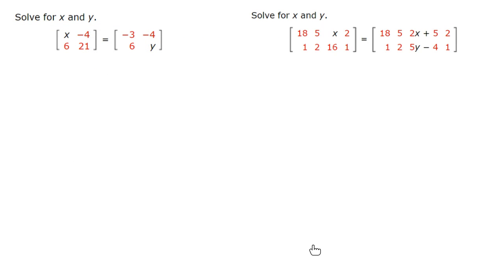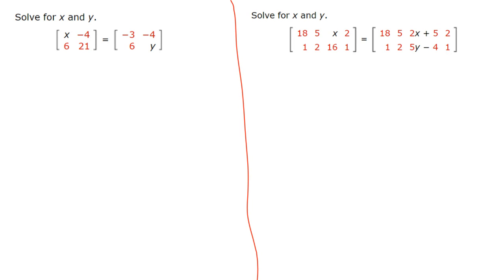Okay, so another question, these are exactly from WebAssign, is solve for X and Y. The only thing that they give us here, let's look at the left one first, is that they are equal matrices.